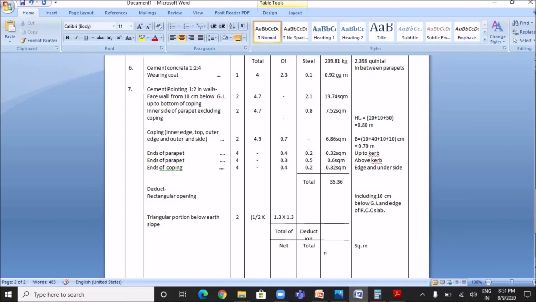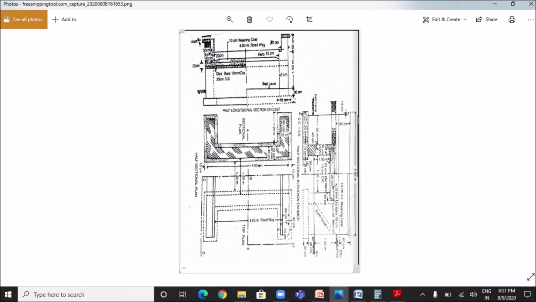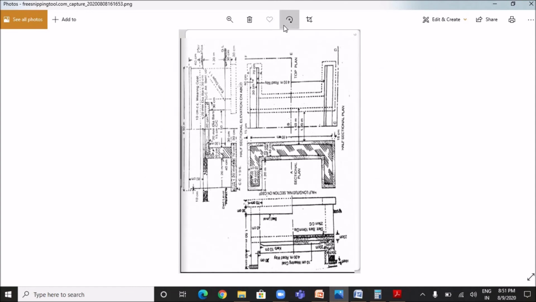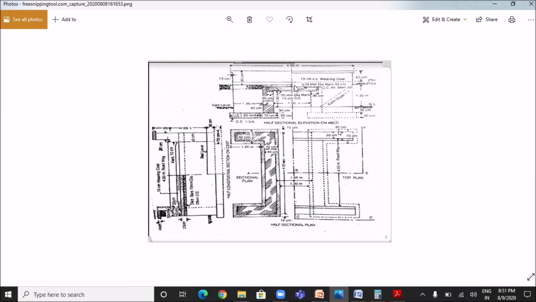Now we have to deduct the rectangular opening and this triangular portion, because we have calculated these items also while calculating the cement pointing work.